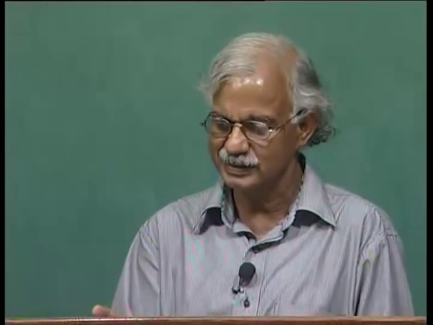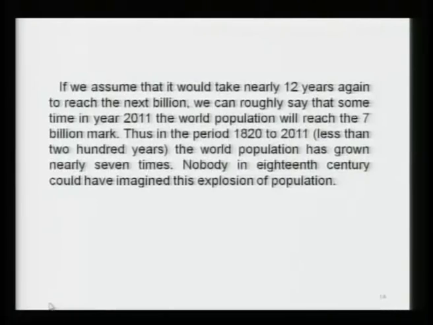Population becomes a very major issue in the second part of 20th century, when you see that addition of 1 billion is taking less than 25 years. If we assume that it would take nearly 12 years again to reach the next billion, we can roughly say that sometime in year 2011, meaning next year, the world population will reach the 7 billion mark.